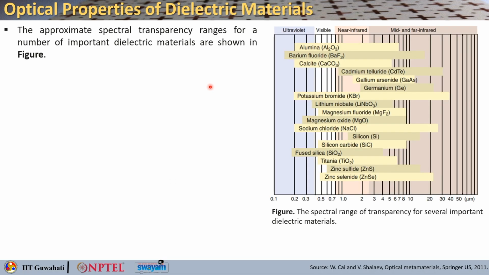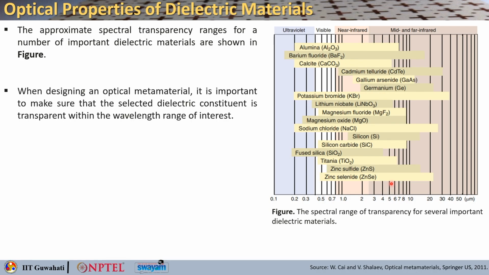So, the approximate spectral transparency ranges for a number of important dielectric materials you can see here, starting from alumina, calcite, barium fluoride, zinc selenide, zinc sulphide and so on. This is the spectral range given in micrometers, this is the wavelength, and this is the UV, visible, infrared, mid and far infrared. So, this range tells you the transparency range.